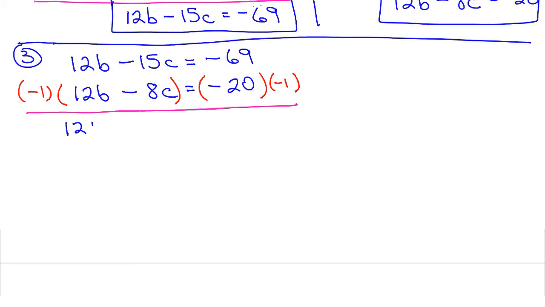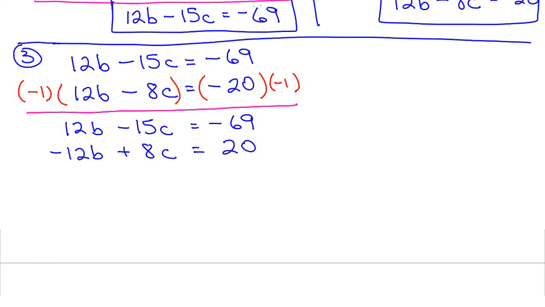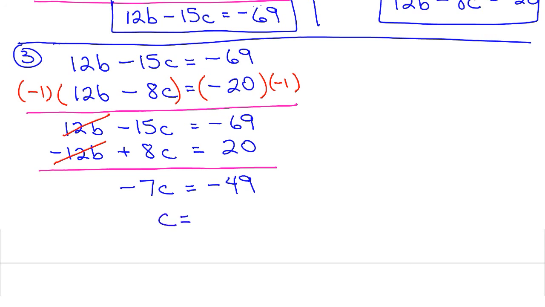That leaves me with 12b minus 15c equals -69, and -12b plus 8c is equal to +20. When I add these down, the b's are eliminated, leaving me with -7c is equal to -49, which then gives me c is equal to 7. So we have the c value.